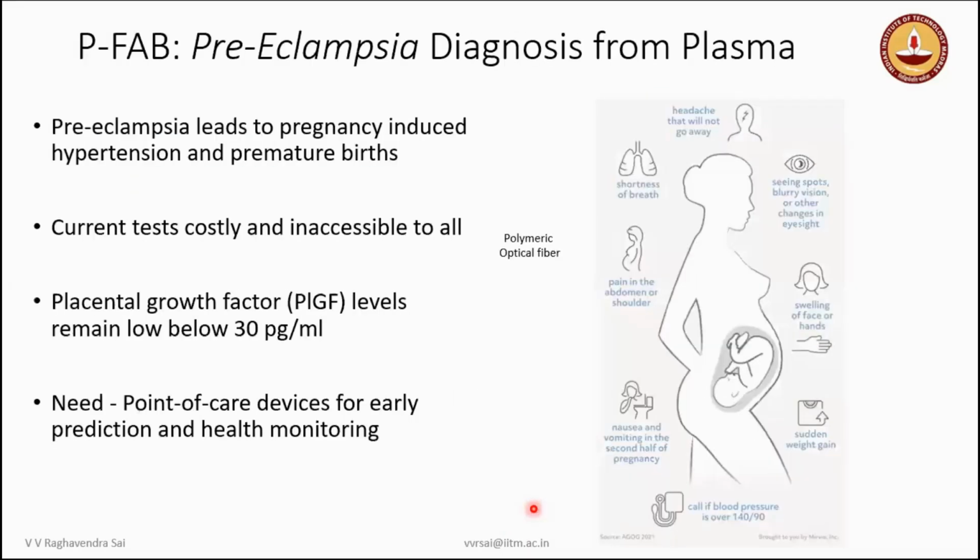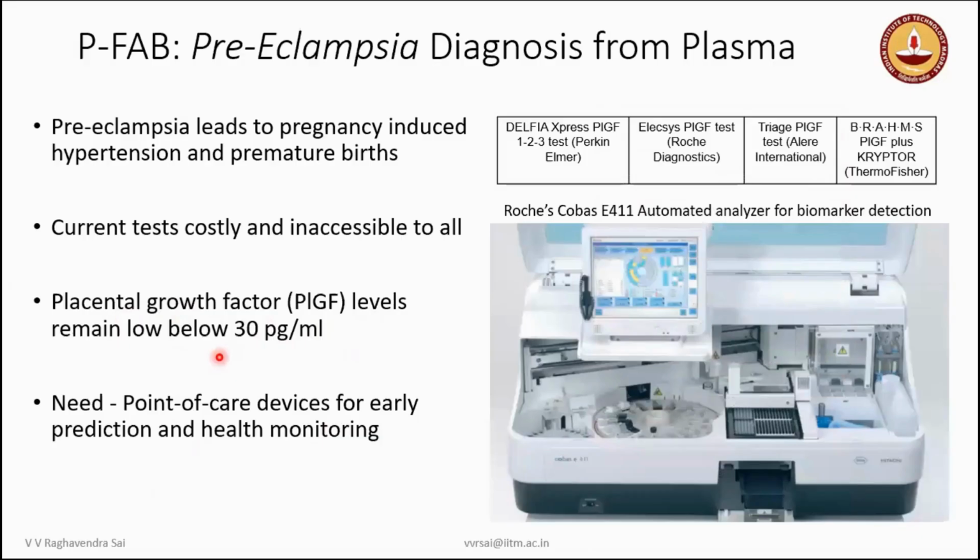We did this for pregnancy-induced hypertension, preeclampsia, however, on a plastic optical fiber, mainly because we used PLGF, placental growth factor, as a biomarker for preeclampsia. You do have conventional techniques like the Roche setup, which is a centralized laboratory-based test.